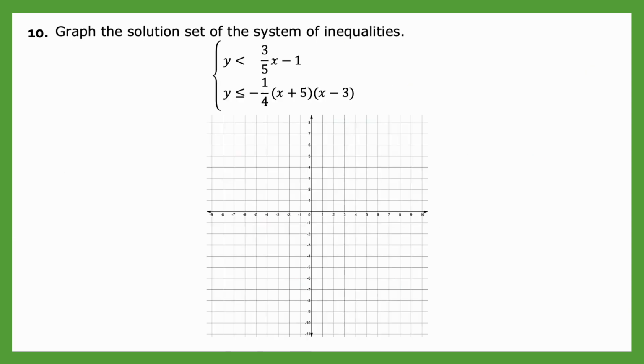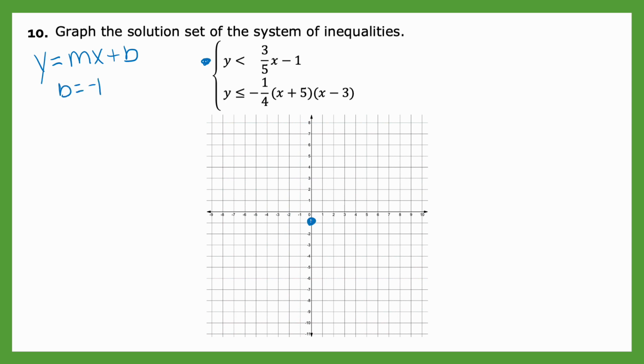Okay, for number 10, we are given a linear function and a quadratic function. To graph our linear, this is in the form y equals mx plus b. So where is our y-intercept for this problem? -1.